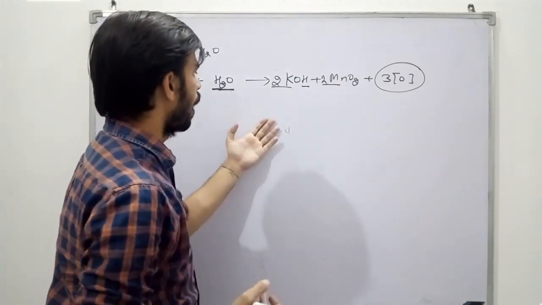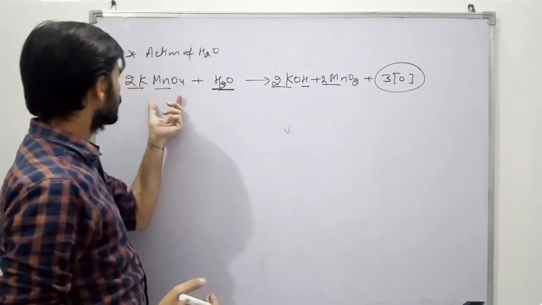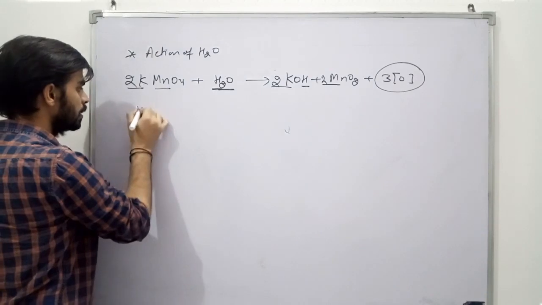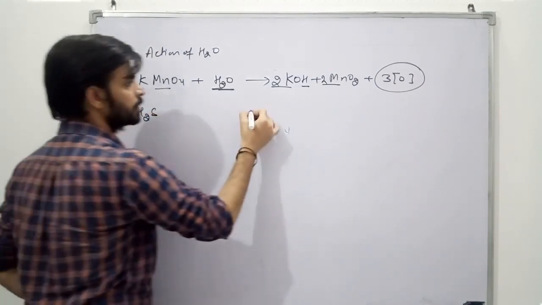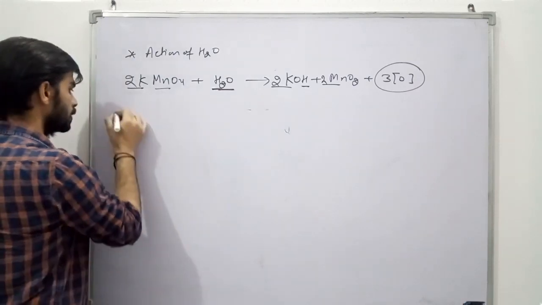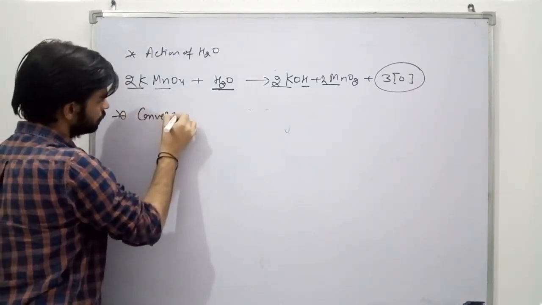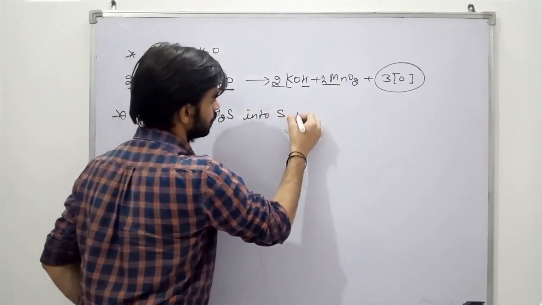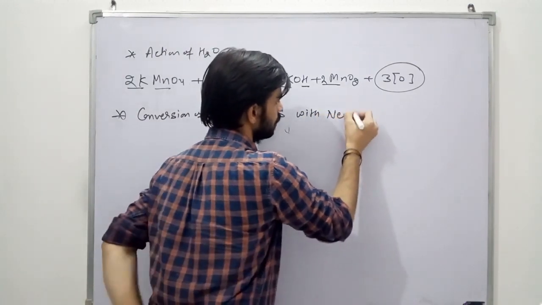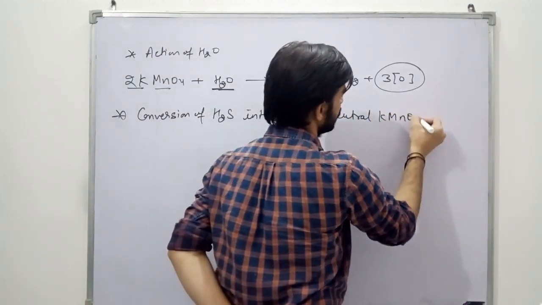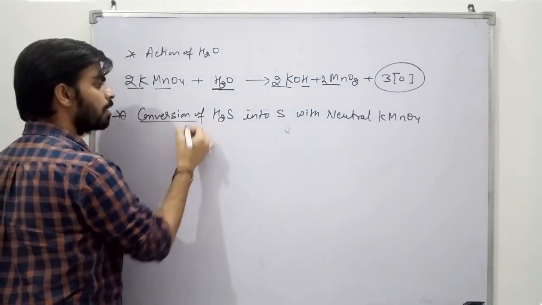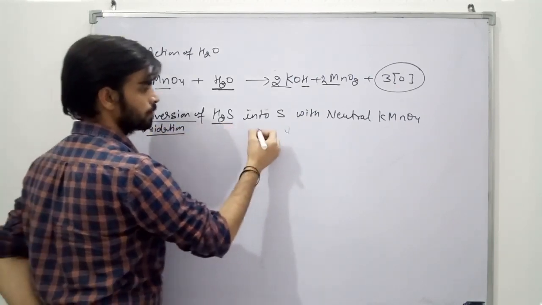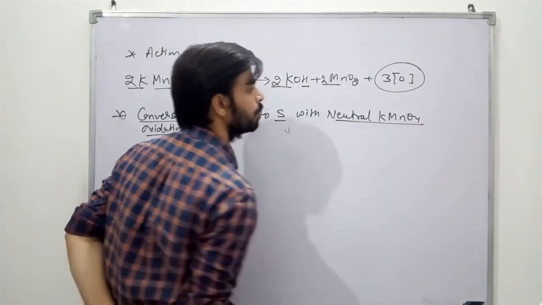Let's start some cases in which neutral KMnO4 oxidizes. So let's start with hydrogen sulfide. Conversion of H2S, hydrogen sulfide, into sulfur with neutral potassium permanganate, or we can say oxidation of H2S into S with neutral KMnO4.